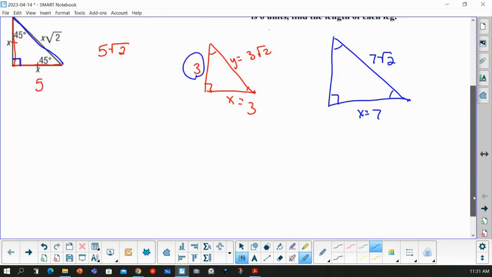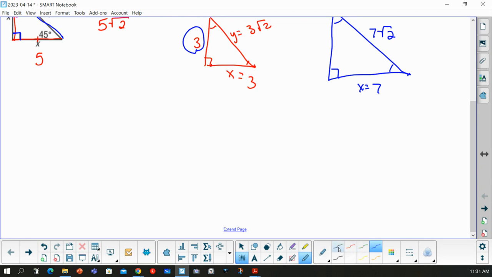The only one that's going to be a little bit more challenging that we're going to see in some examples here is what happens if it gives you something like this is 10, and they want you to find this side here. Okay. So if I have the leg and I'm trying to find the hypotenuse, I multiply by the square root of 2, right?